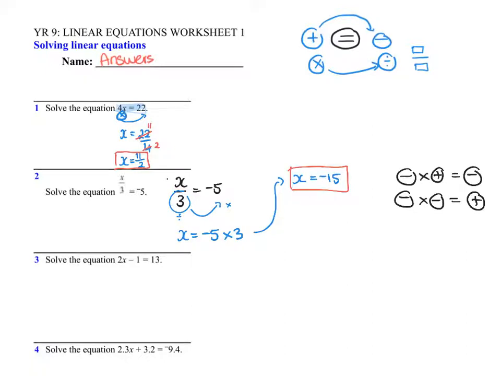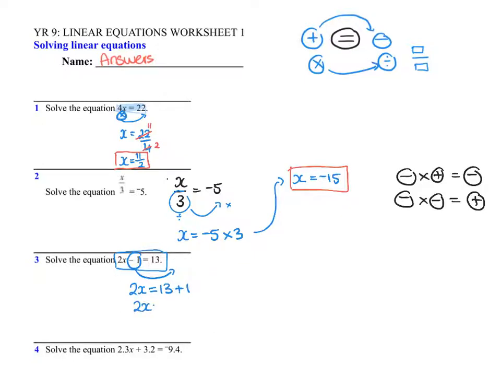Okay, going down to our next question down here, 2x minus 1 equals 13. So the first thing I'm actually going to move is the negative 1. So because it's subtracting and I'm going to move it to the other side of the equal sign, it's going to add. So I haven't moved the 2x, so I'm still writing that there, 13, but I've moved the negative 1 and it's become a plus 1.